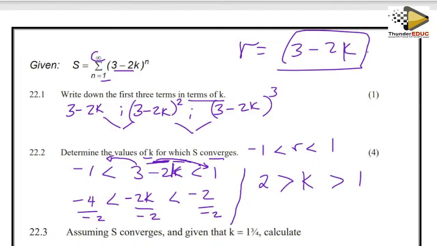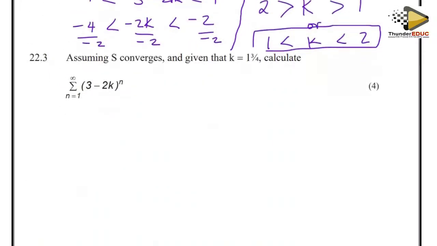So this can be our answer. Alternatively, you can switch it and say 1 is less than k is less than 2. So those are the formats. You either write it this way or in this format when they are switched around. Okay, so that is 22.2.